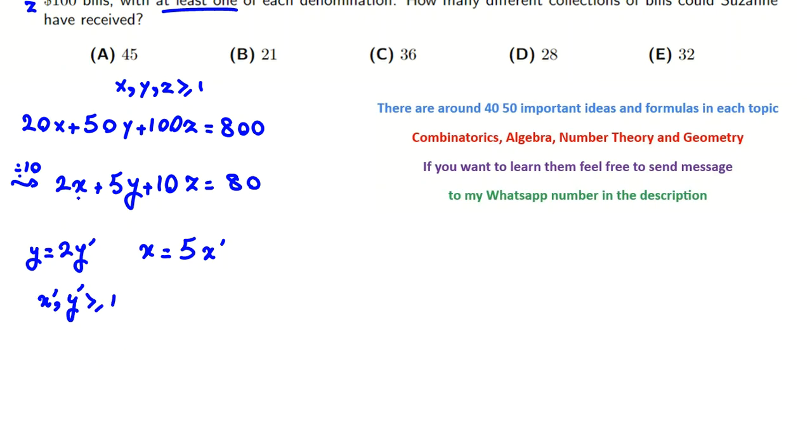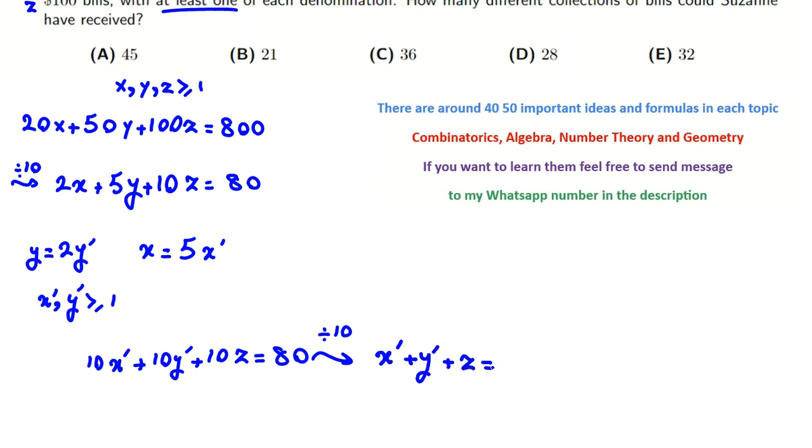Now, if we replace, 2 times 5x prime, 10x prime, plus 5 times 2y prime, 10y prime, plus 10z equals 80. Now we can divide both sides by 10. So it will be x prime plus y prime plus z equals 8. And x prime, y prime, z, all of them are at least 1.